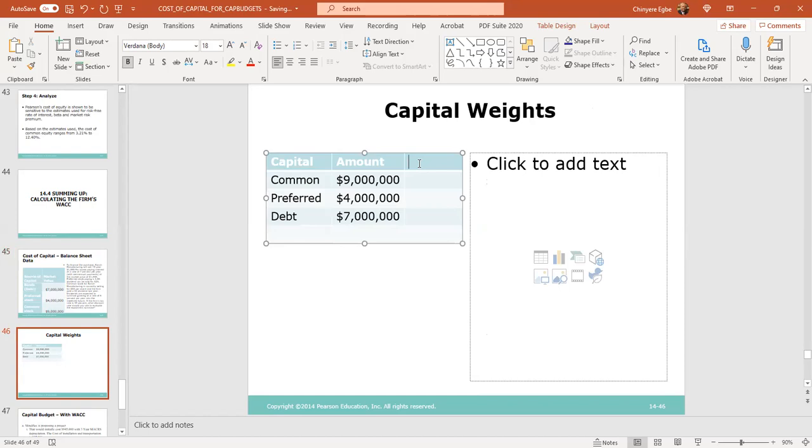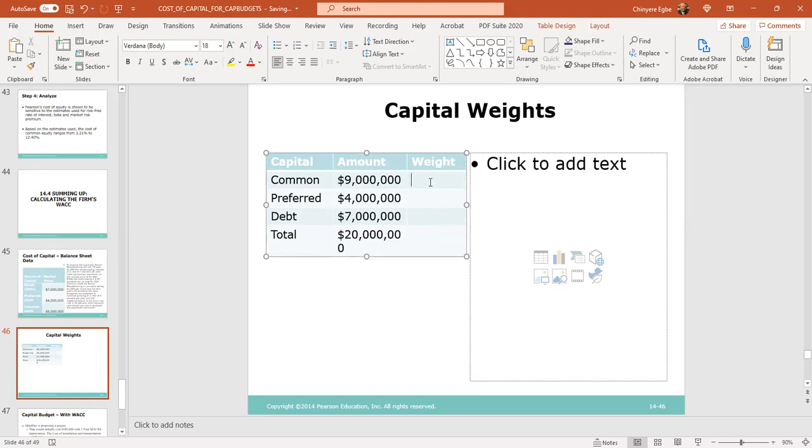All right, and so what is the weight? The weight, very simple, is the proportion of each kind of capital. So the total is 9 plus 4 plus 7, which is 20 million.